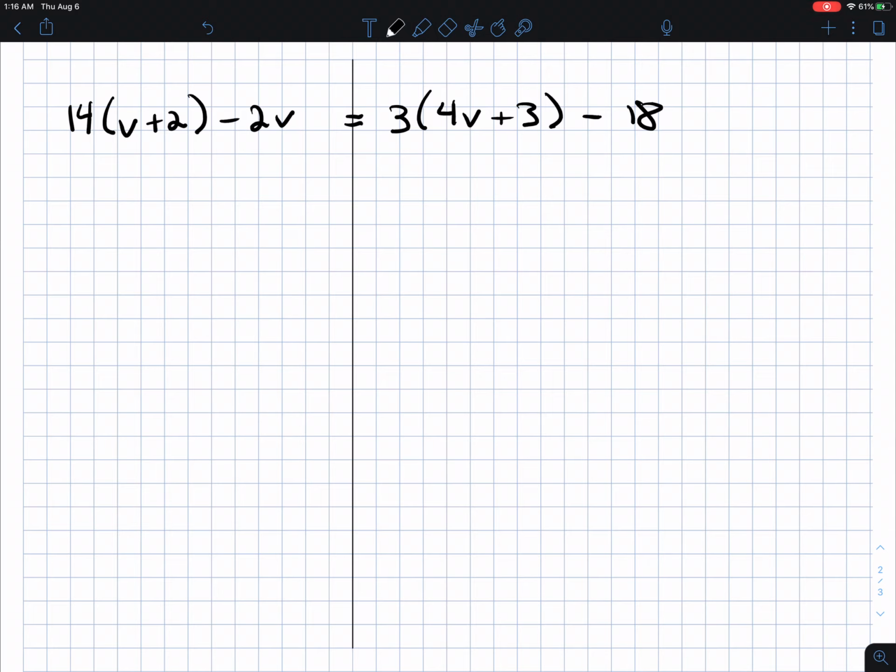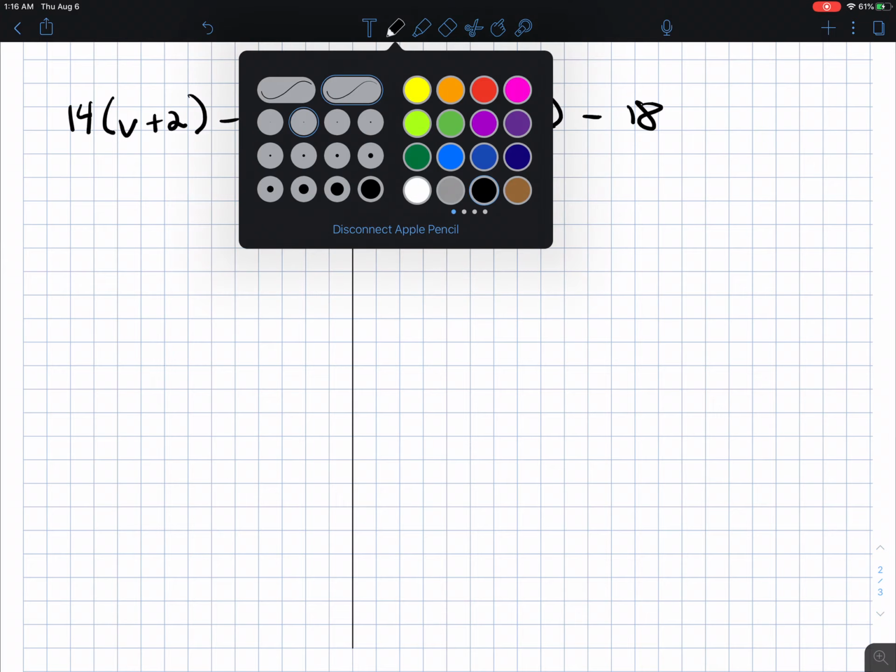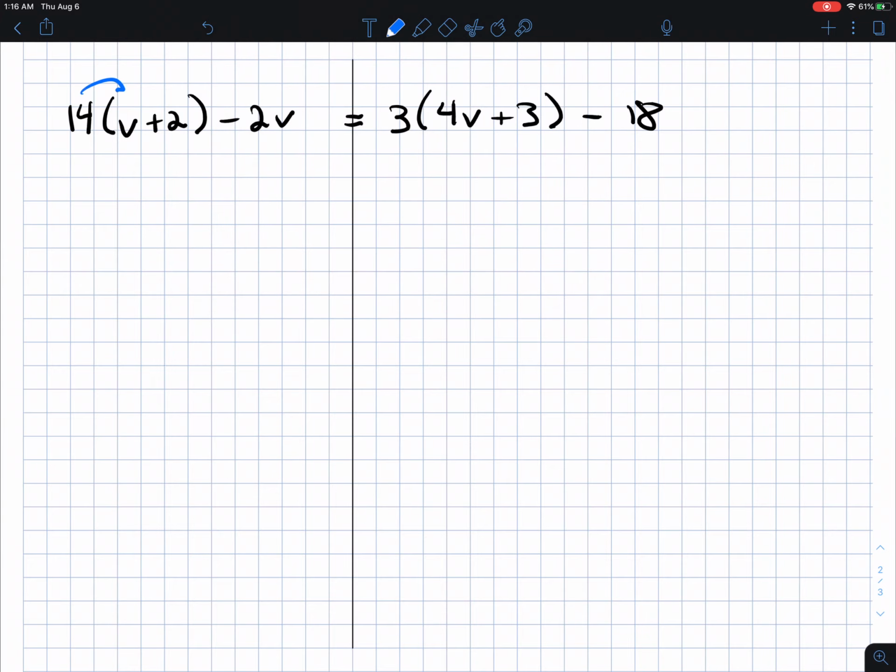So first thing I want to do, if we start on the left-hand side, I notice that we have multiplication over addition, so we can distribute this 14. And on the right, we also have multiplication over addition, so we can distribute this 3. So the first thing that we did was distribute.